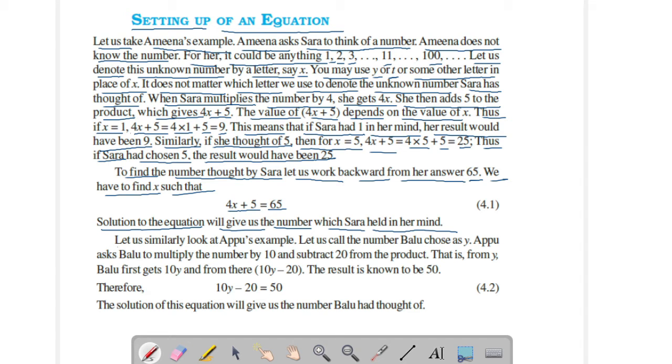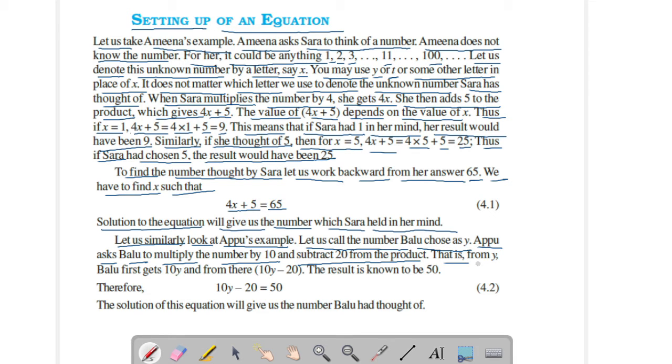Let us similarly look at another example. Let us call the number Balu chose y. Appu asks Balu to multiply the number by 10 and subtract 20 from the product.